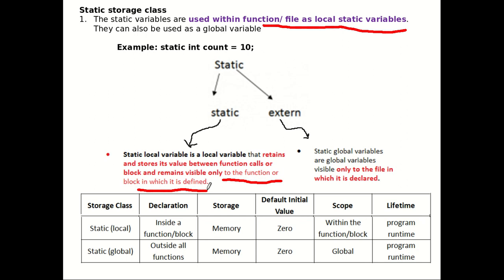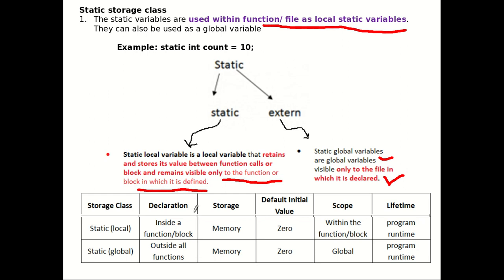So the scope of a local static variable is within the same function or same block, and the global static variables are global variables which are visible only to the file in which they are declared. So global static variables are visible throughout the program.